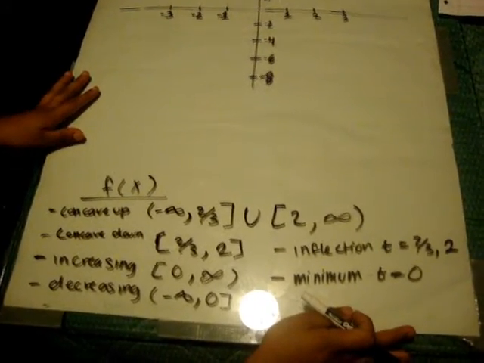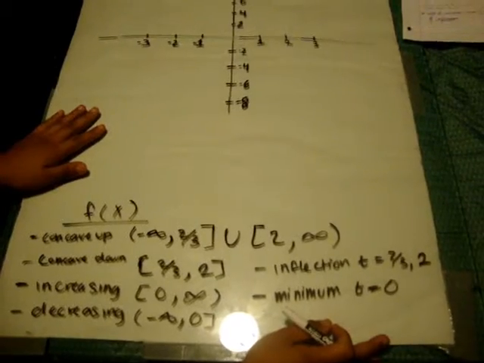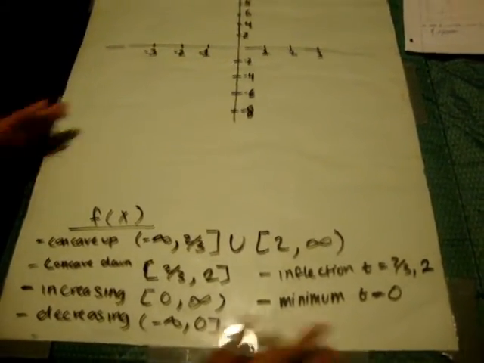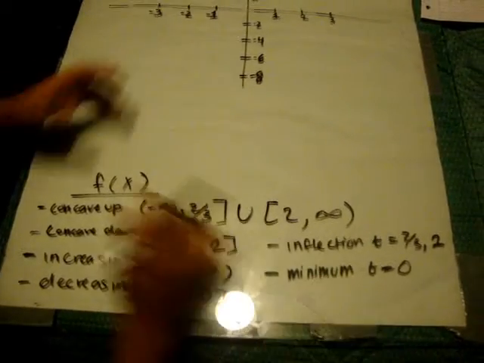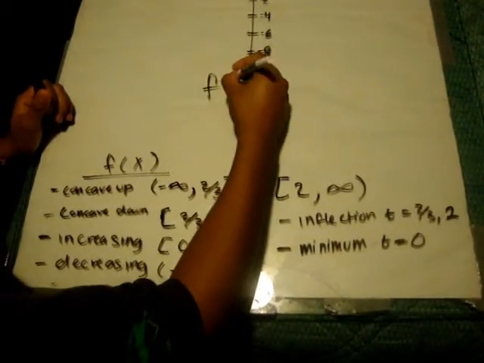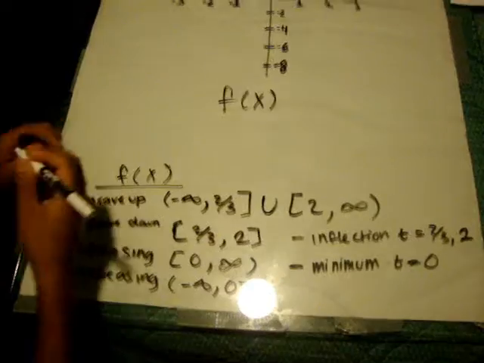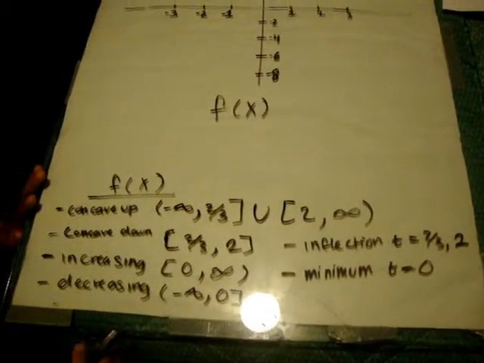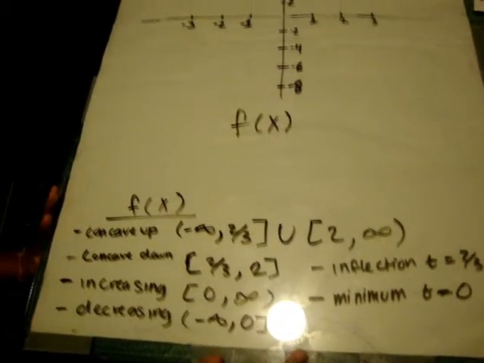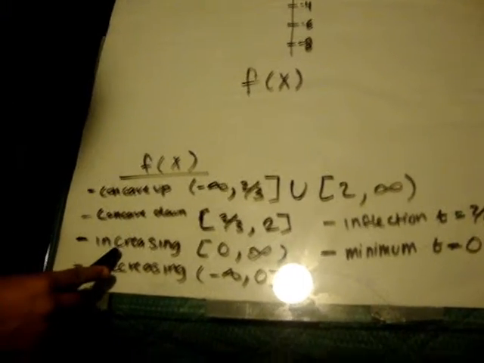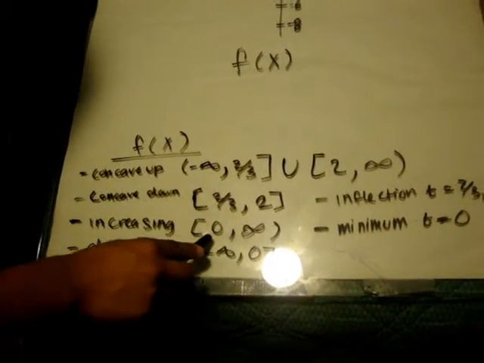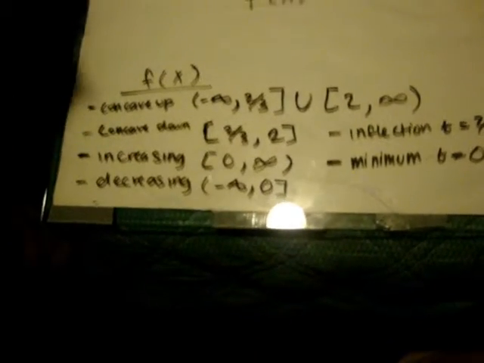Now that we've gathered all the information from the first derivative and the second derivative, here I have written it all down, we're going to start making the graph of f of x. Okay, so we're going to start with the more basic information, like where it's increasing. So it says that f of x is increasing from 0 to infinity.